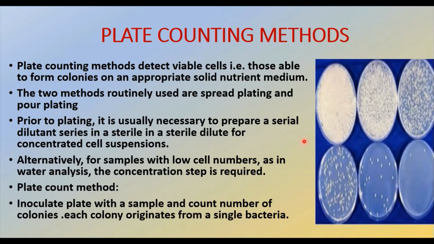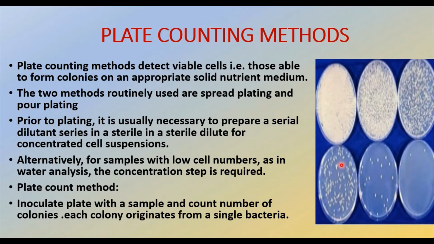Prior to plating, it is usually necessary to prepare a serial dilution series in a sterile medium for a concentrated cell suspension. Alternatively, for samples with low numbers, as in water analysis, a concentration step is required.